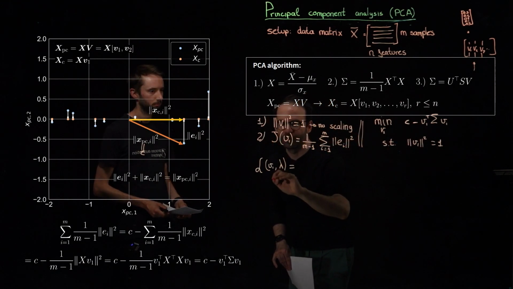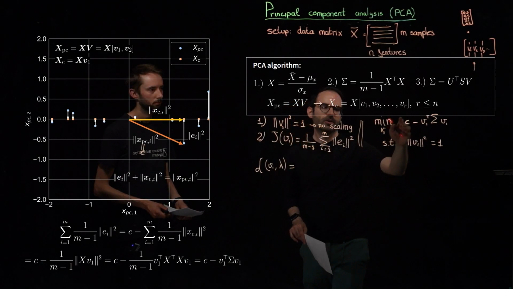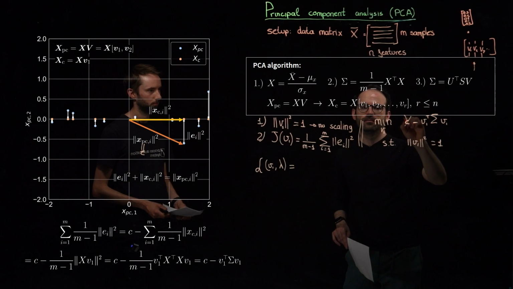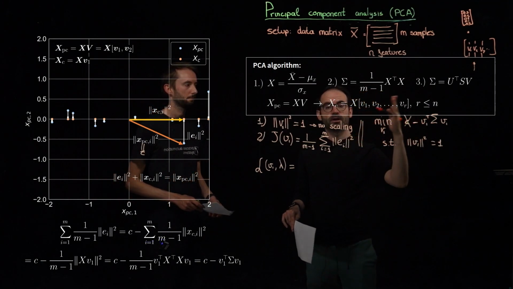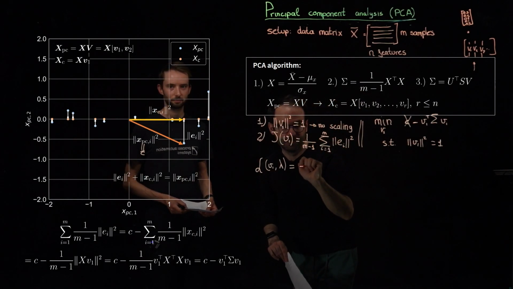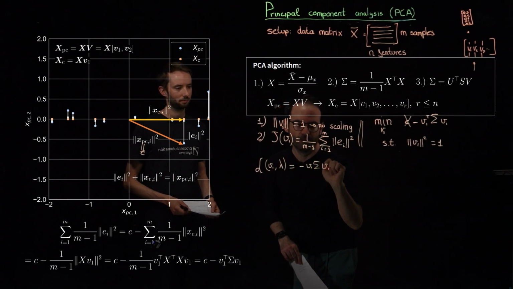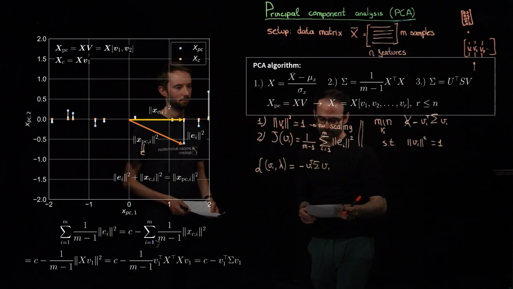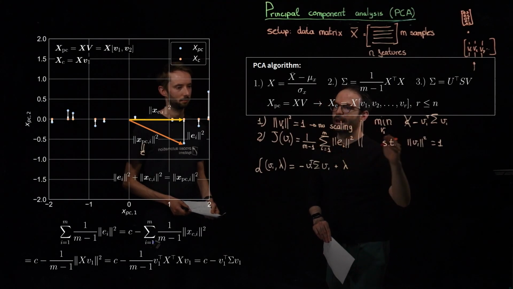So we can write the Lagrangian and we would obtain this. We can leave the constant out, because this is not going to affect the solution of the optimization problem. So we leave the constant out, and then we would obtain just basically minus V1 sigma V1 transpose and plus lambda multiplied by the constraint.